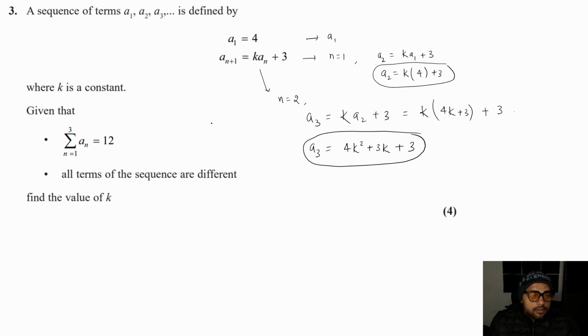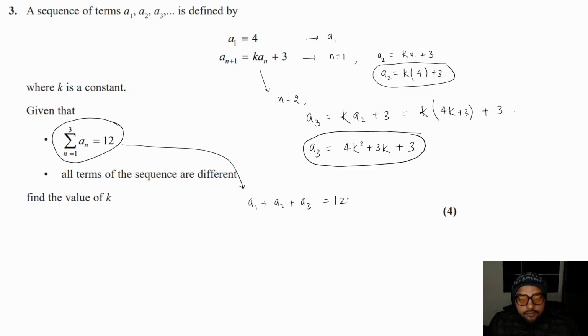Now let's come to the relation which they have given in the question, that the summation of an, where n varies from 1 to 3, equals 12. What does it mean? This means that a1 plus a2 plus a3 will be equal to 12.